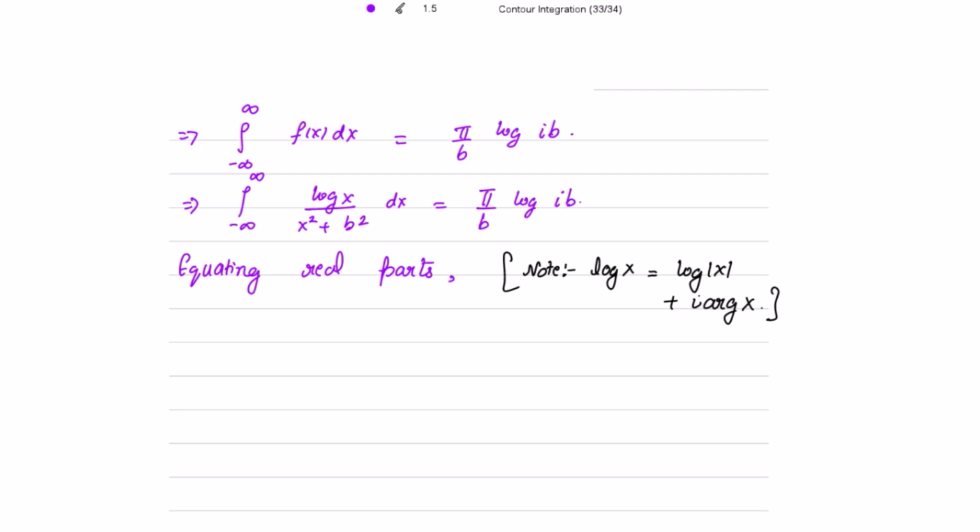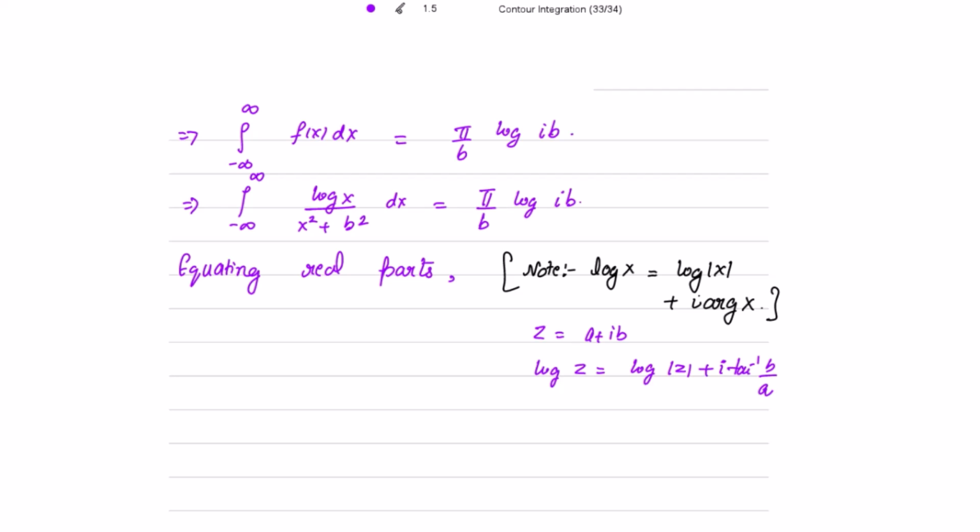Now we have to equate the real parts. For that we know, please note this result, that log of z equals log of mod z plus iota times the argument of z, where this is a complex number. If you have z as your complex number, that is a plus iota b, then log of z is equal to log of mod z plus iota times the argument of z, which is tan inverse b over a.